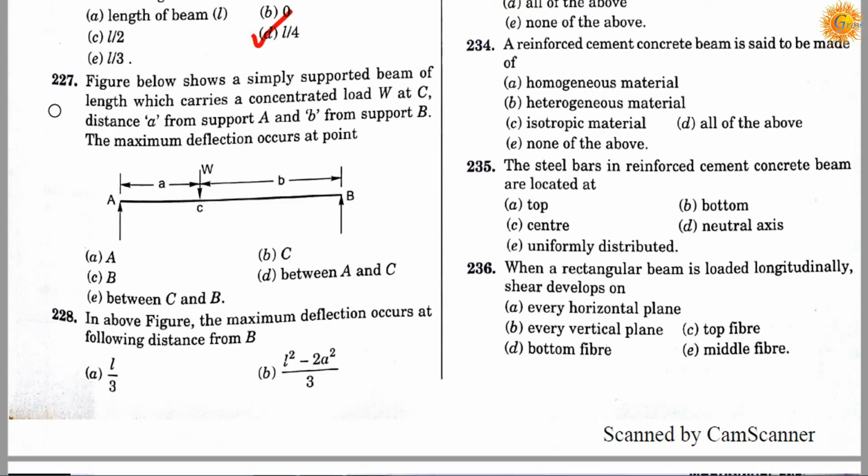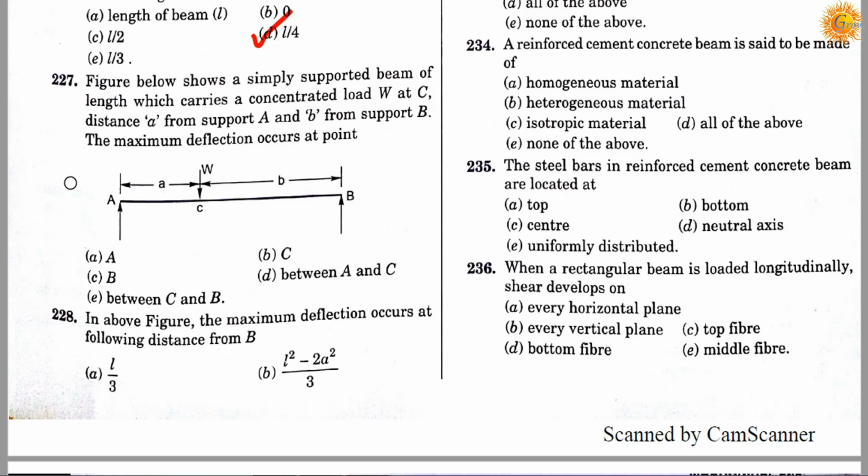Question number 227. Figure below shows a simply supported beam of length L which carries a concentrated load W at C, distance small a from support capital A and small b from support capital B. The maximum deflection occurs at point.